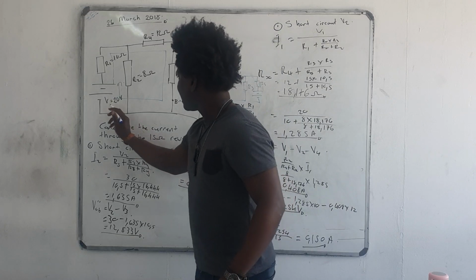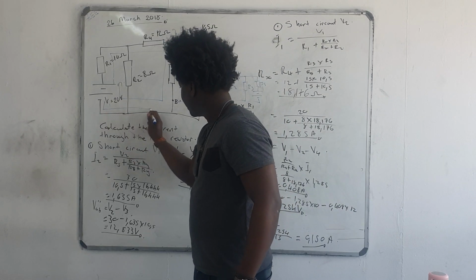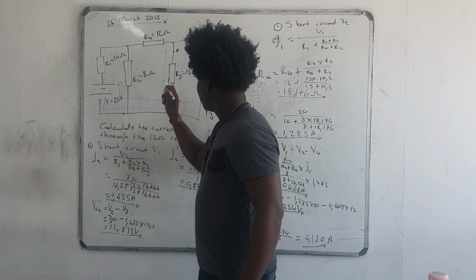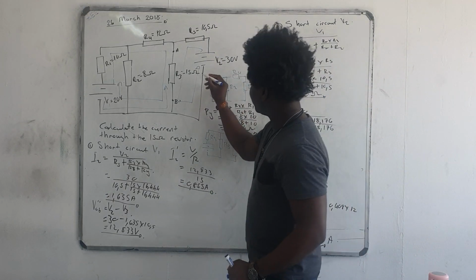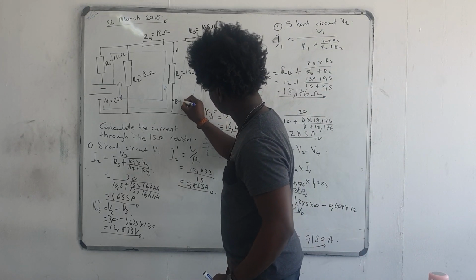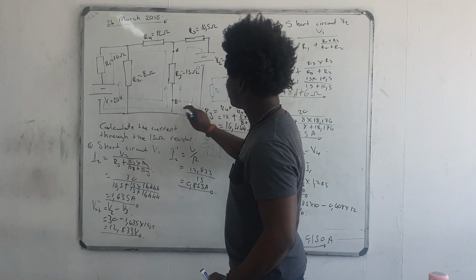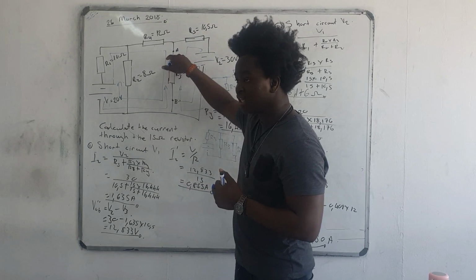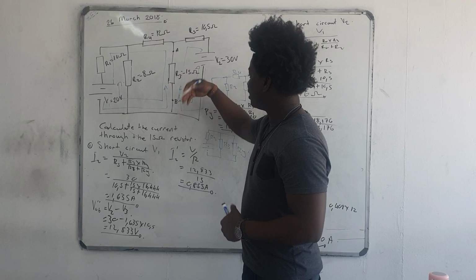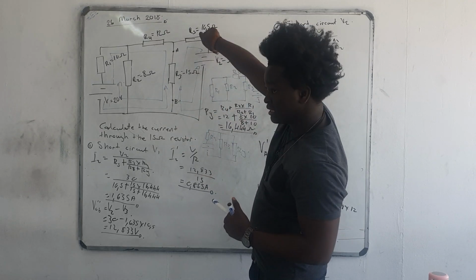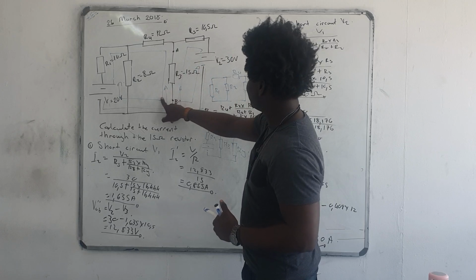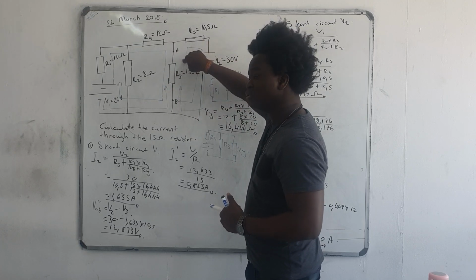Then you say the current produced by V1 goes like this through R3. Same flow, electron flow, it goes like this. So that means that these two currents are adding each other, are we together? But if the polarities were different, if the battery was like this, then this current would be subtracted from this current.